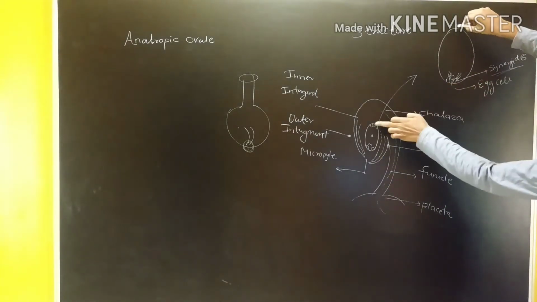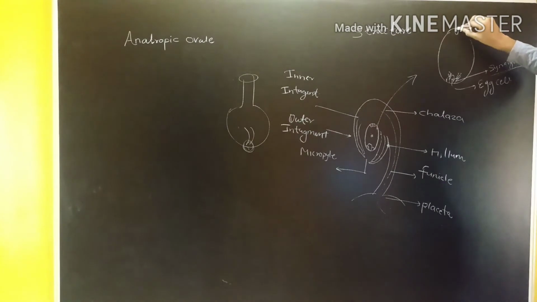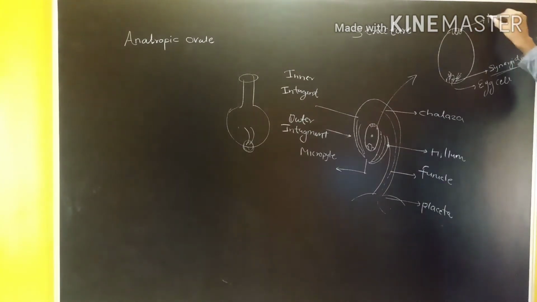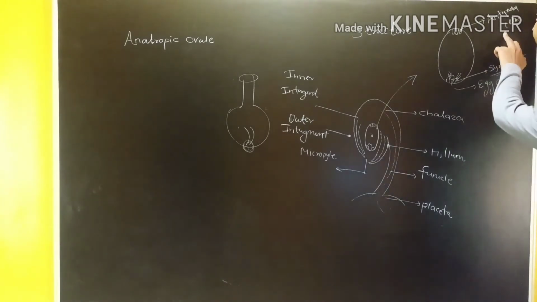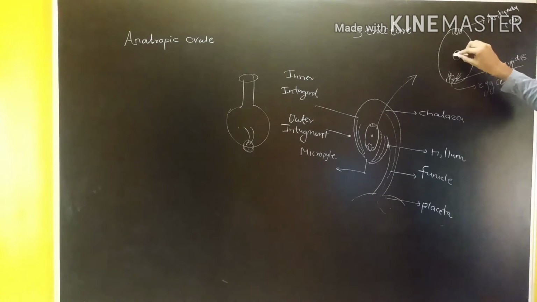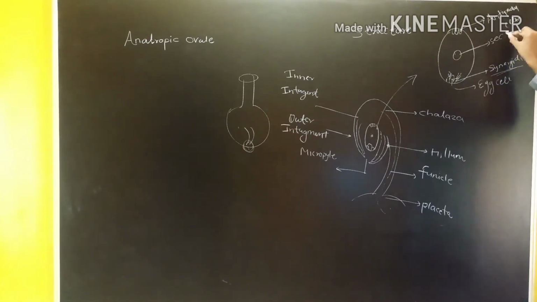Egg cell is here. This is the micropylar end. Now this is the chalaza end. And there are 3 cells here, which are called antipodal cells. At the center, the secondary nucleus is present.